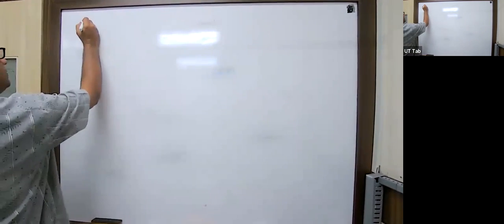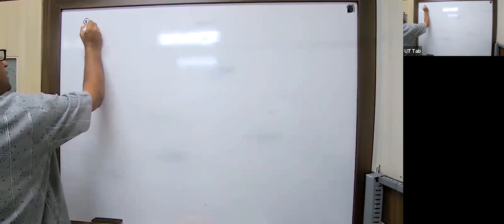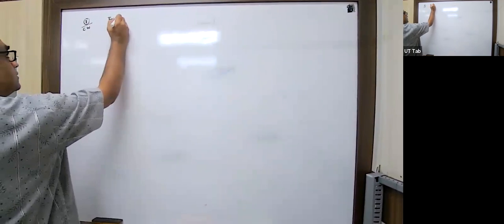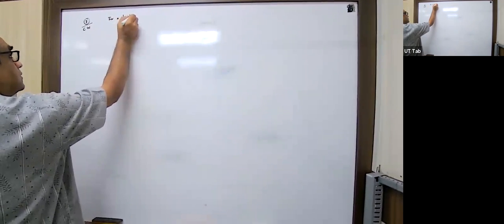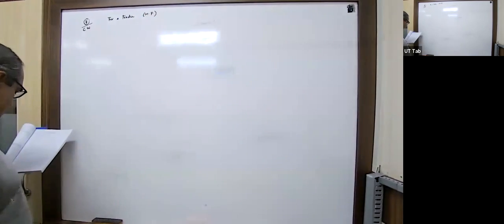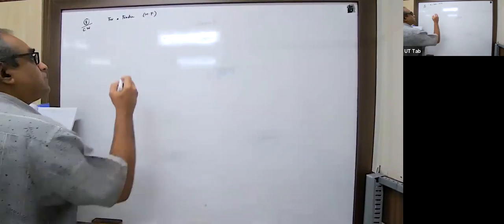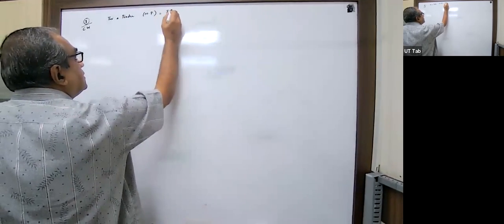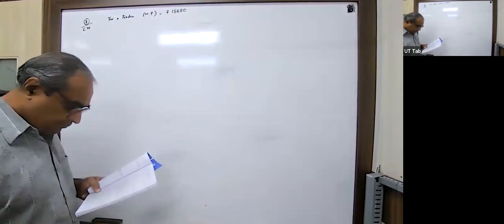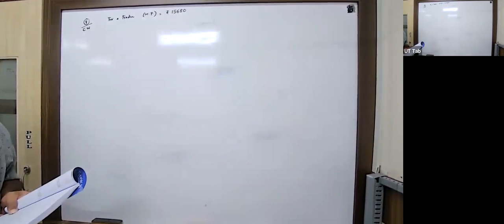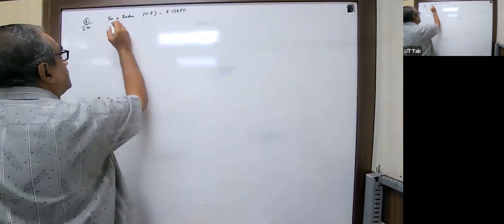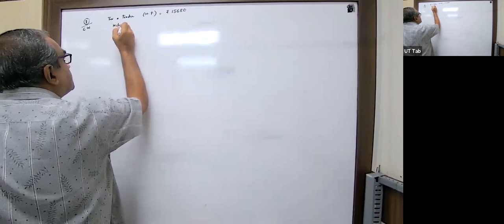Question number 7. Classwork exercise. For a trader, mark price of a refrigerator is rupees 15,680, inclusive of GST at the rate of 12%.